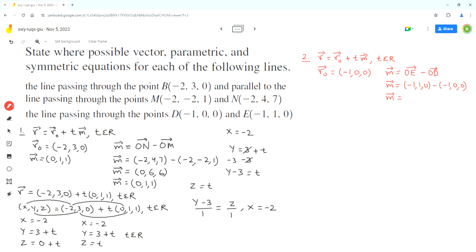Now we can subtract the vectors by subtracting their x, y and z components. -1 minus -1 is equal to 0. 1 minus 0 is 1. 0 minus 0 is 0. So this is the direction vector of the line. Now we can write the vector equation.